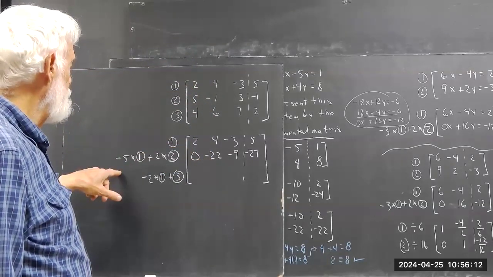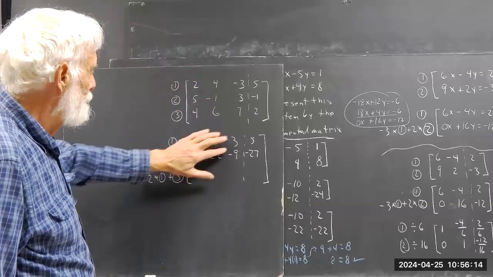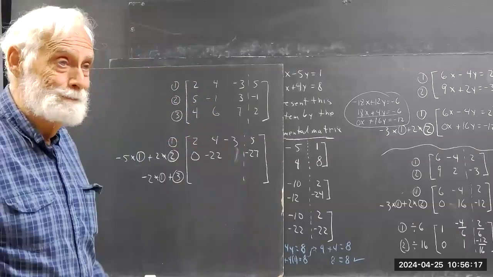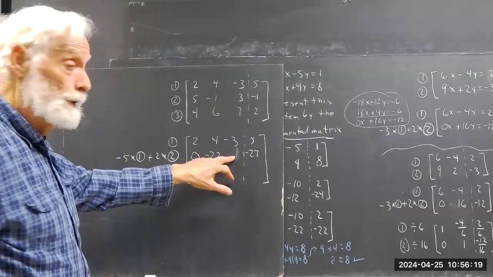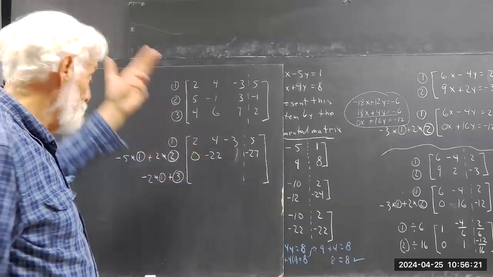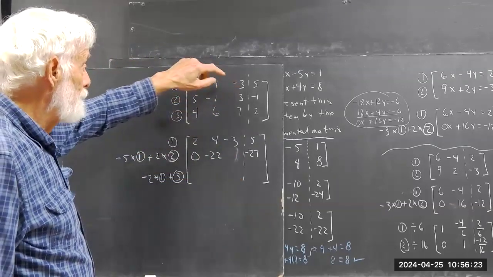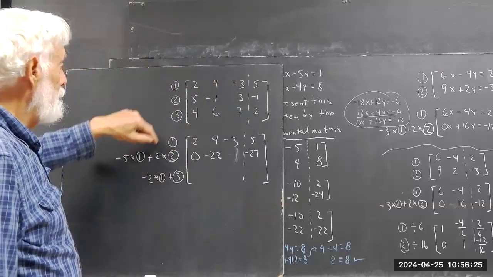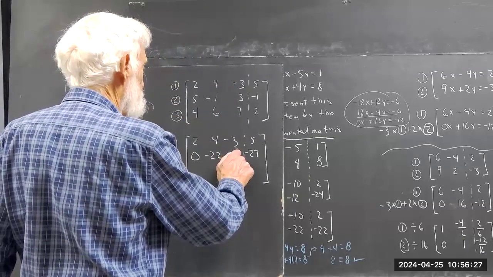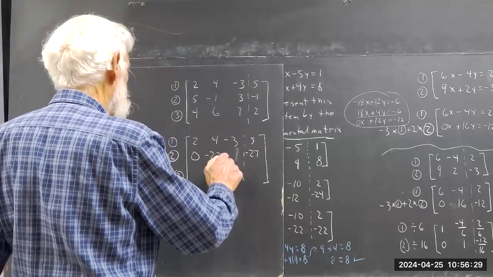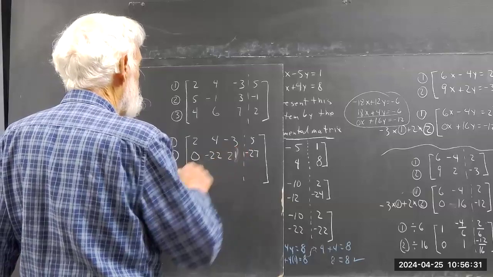Oh, I get it. Screwed that one up, didn't I? Yeah, this sign thing, -5 times -3 is plus 15. 2 times 3 is 6. We get 21. Okay.